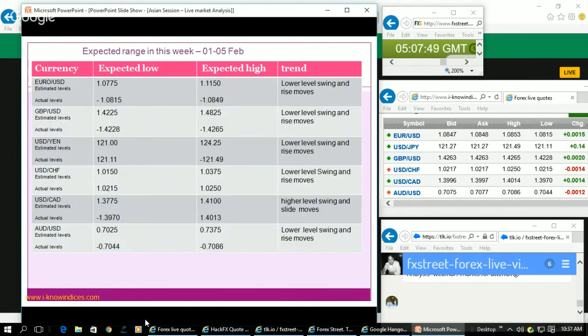Now coming to the levels in which the currencies are expected to swing, Euro could come down briefly below 1.08 if needed, and then they are expected to gain further upward. And GBP again, they are expected to slowly swing and gain the levels during this week.